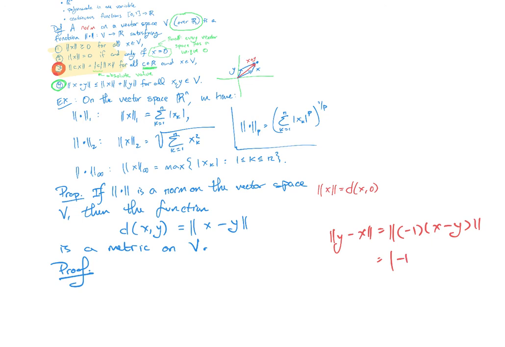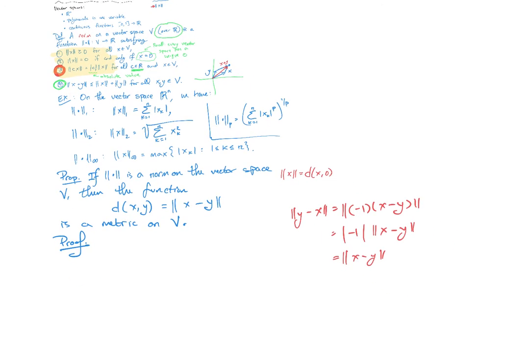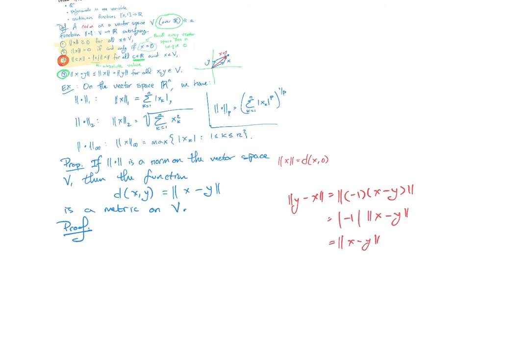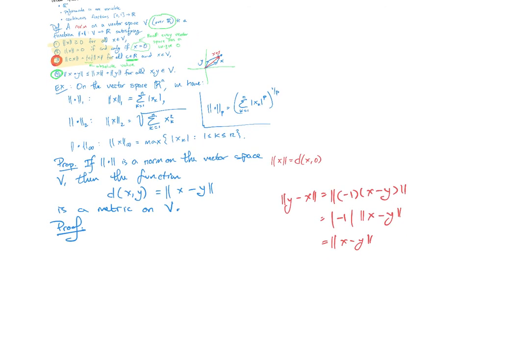So we get symmetry out of scalar multiplication by -1, and that leaves us with the triangle inequality. Let's write out a proof of the triangle inequality. For all of these things, that's usually the only one that's not obvious.